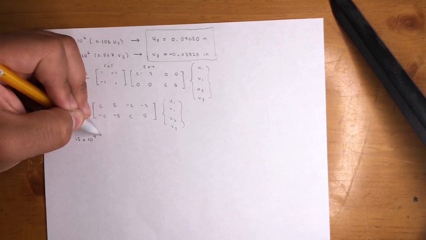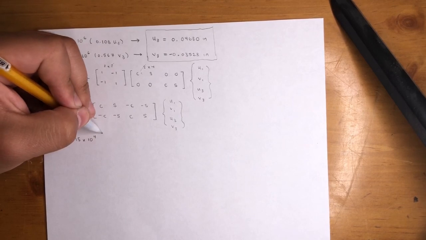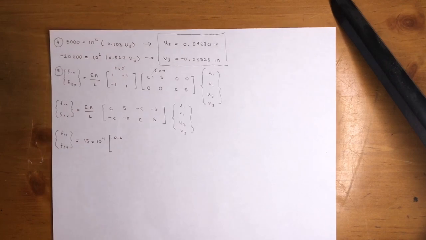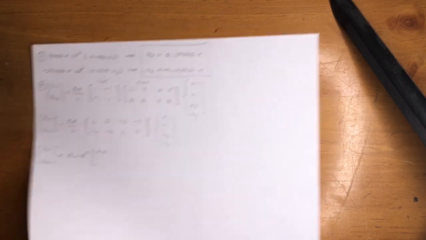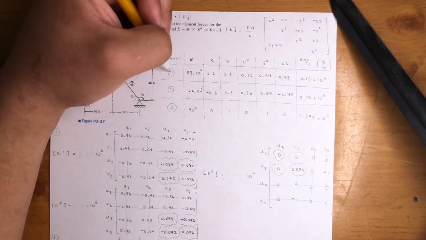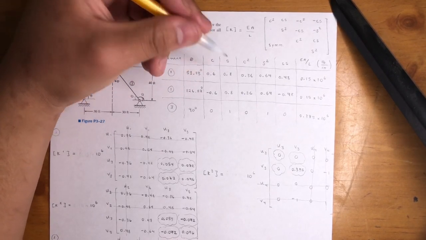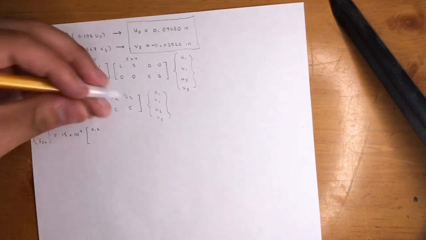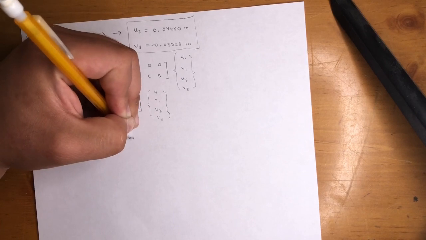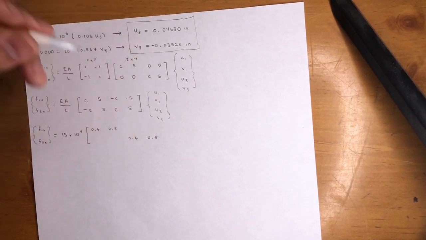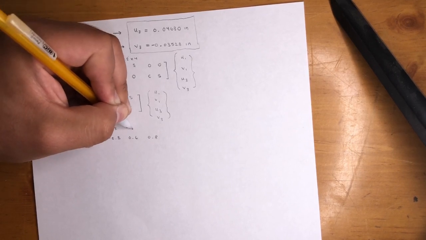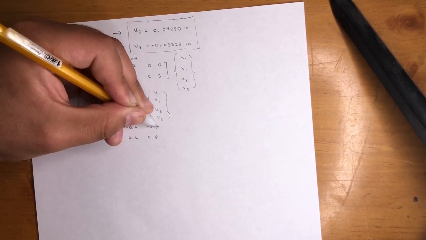So let's go ahead and plug in the numbers, right? It's gonna be 0.6, so this is where I get the numbers. 1 through 3 is nodes 1 through 3, that's element 1. So we're gonna use these numbers. For element 1, we're gonna use 0.6, 0.8. So it's 0.6, 0.8, okay? Then 0.6, 0.8, and then they're just negative here. 0.6, negative 0.8, negative 0.6, negative 0.8.